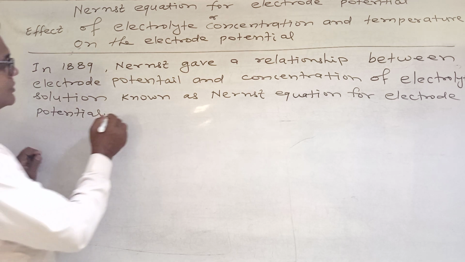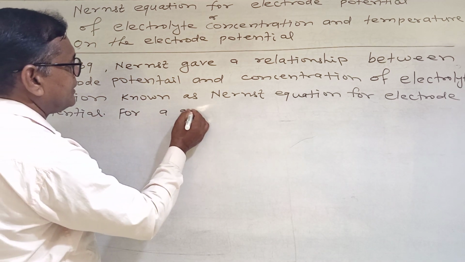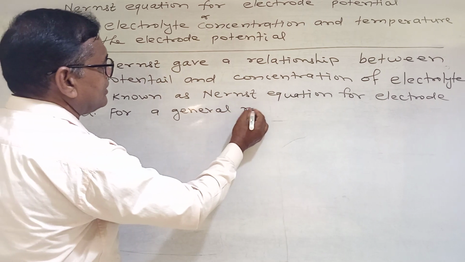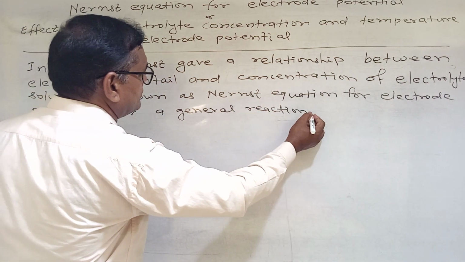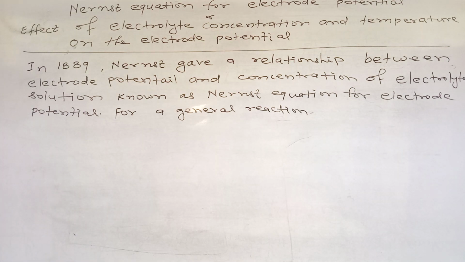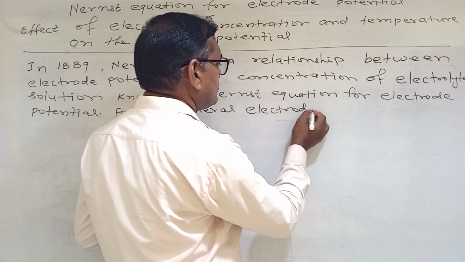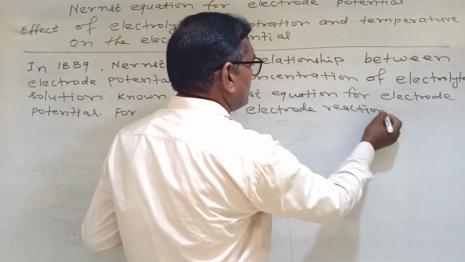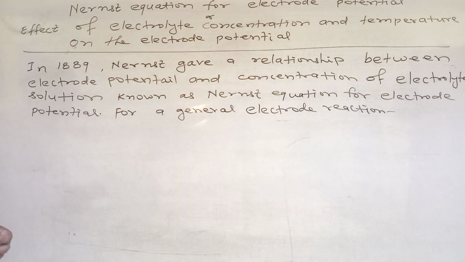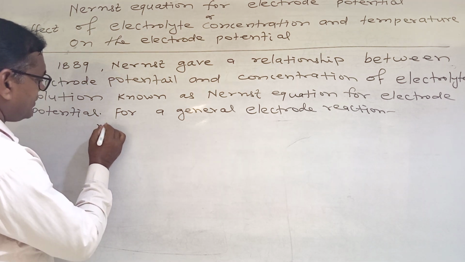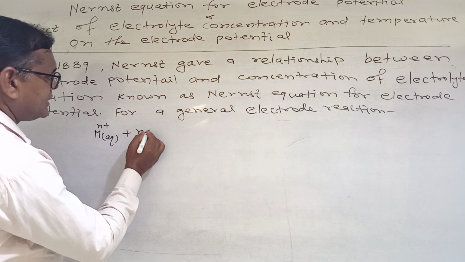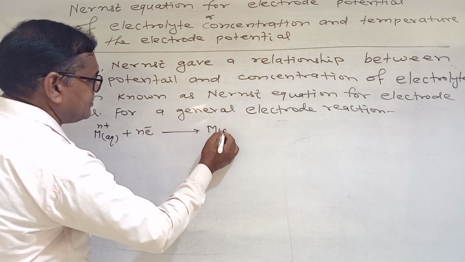We write, for a general electrode reaction: M^n+ (aq) + ne^- gives M(s).